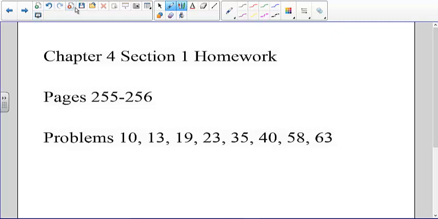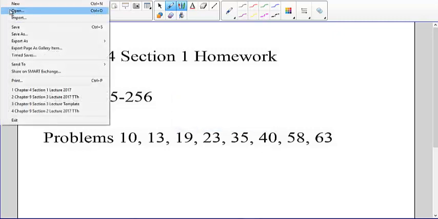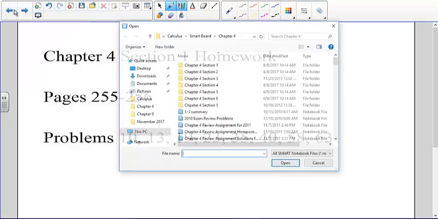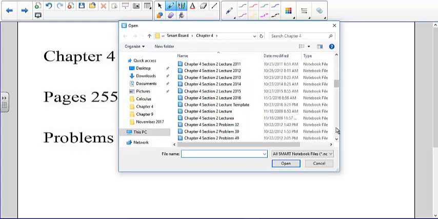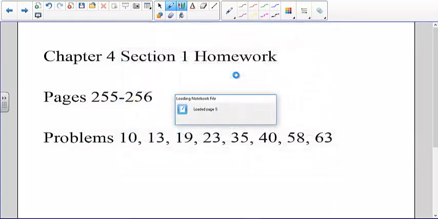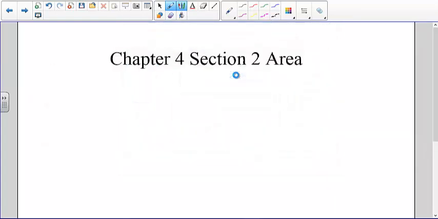Okay, so we're moving on to section 2, which I find interesting, and I've taught this class a couple times. So this section is kind of equivalent to what we did in chapter 2, where we used the limit definition to figure out what the derivative was.